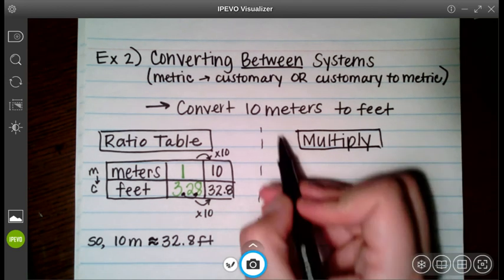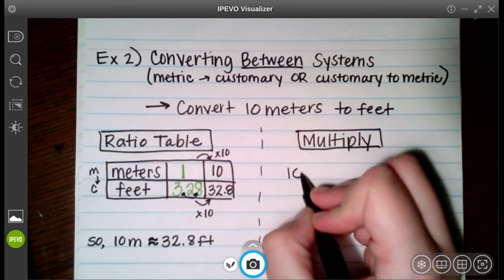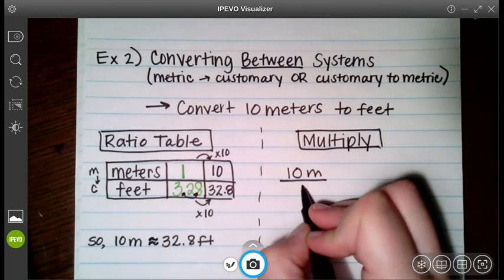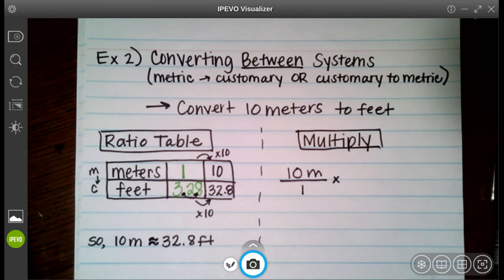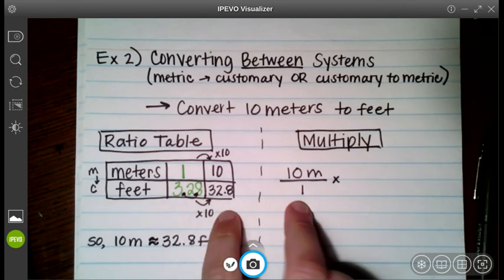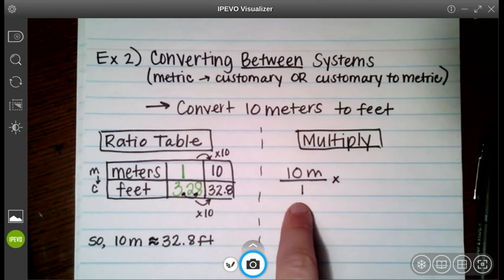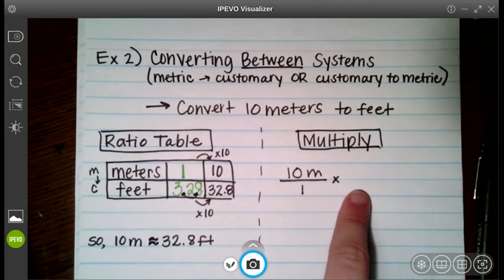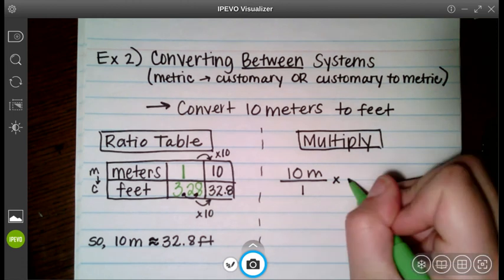So I start with my given information. I have 10 meters, make it a fraction, times, now I'm looking for that conversion factor. These strategies kind of mirror each other, right? So that conversion factor I need, well, I want to be able to cancel meters.